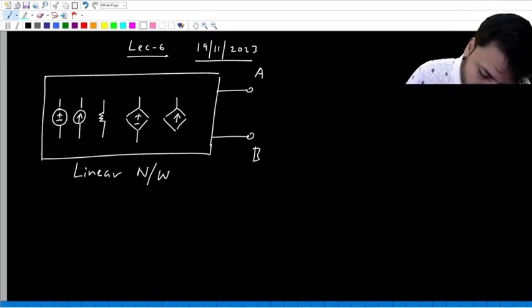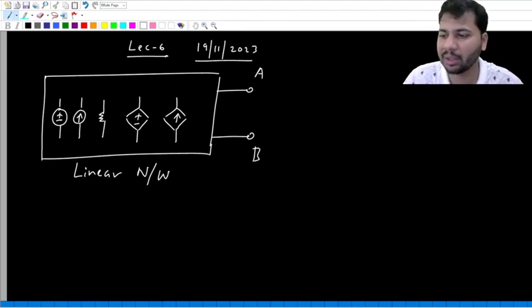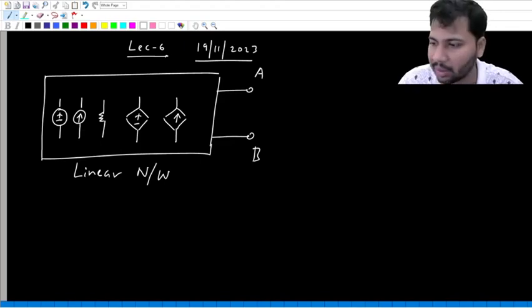In the same way, you can also have some linear dependent current sources. These are all the elements that are permitted inside this network or box.